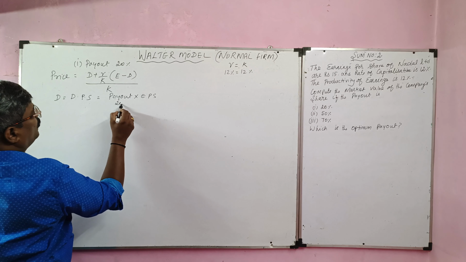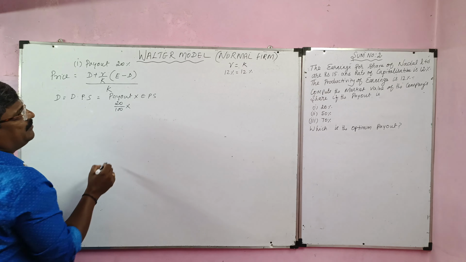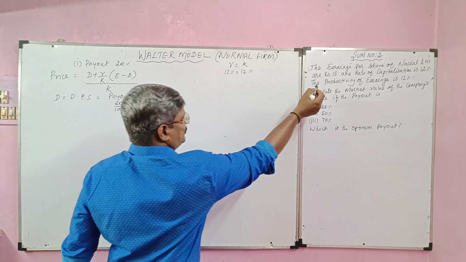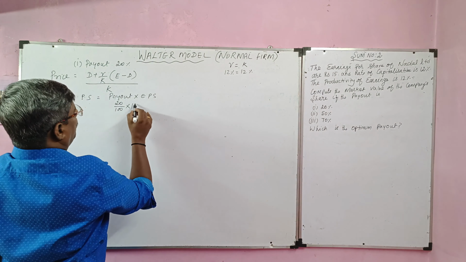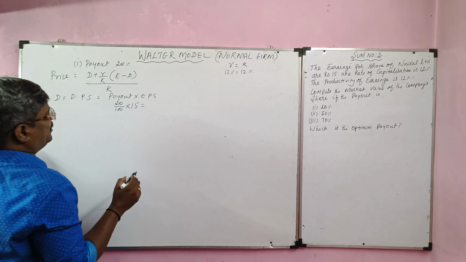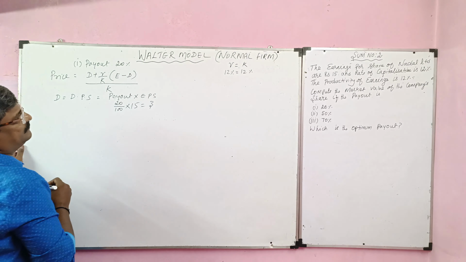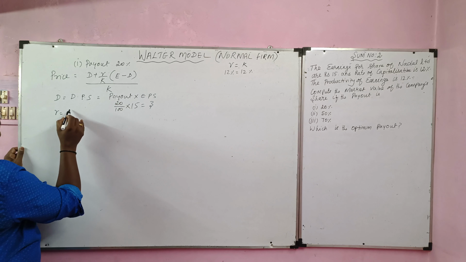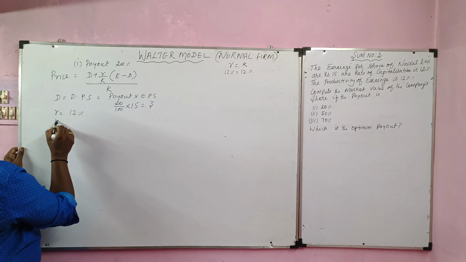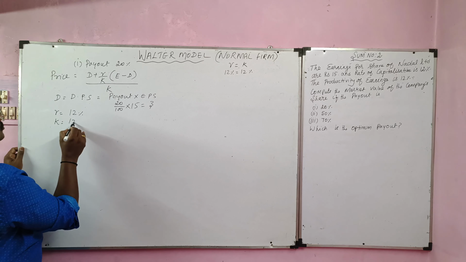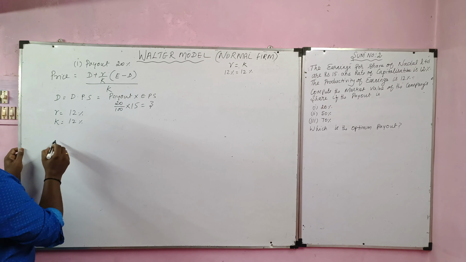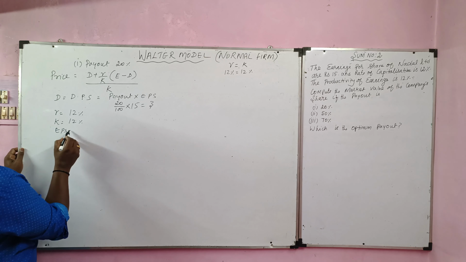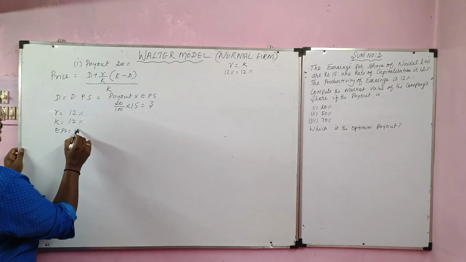Payout ratio we know 20%. Earning per share given in the question is 15. So our dividend is 3. Then we have to find R. R already we learned 12%. K, cost of capital, is also 12%. Earning per share we already know, that is 15.